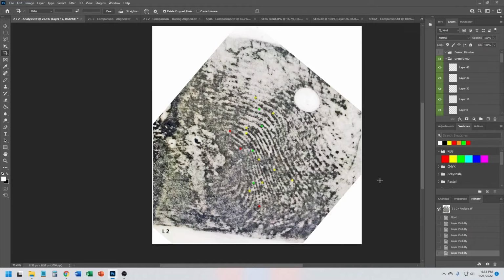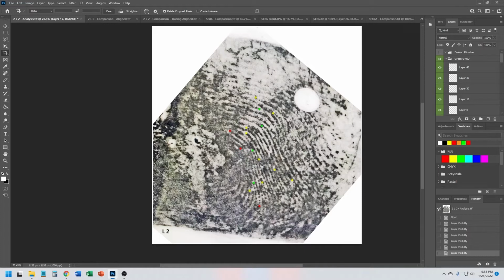I didn't necessarily see anything wrong with that. I don't have a core. I have kind of a hint of where the core might be. I don't really have a delta, just a hint as to where it might be right down here. But enough minutia in between to say it's suitable for comparison. Moving on to the next step.